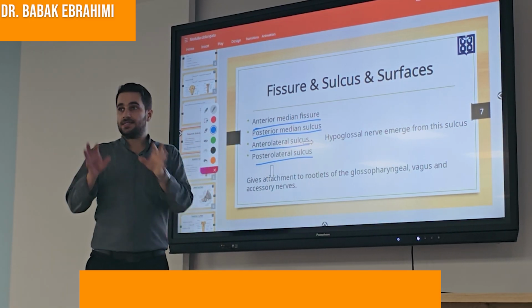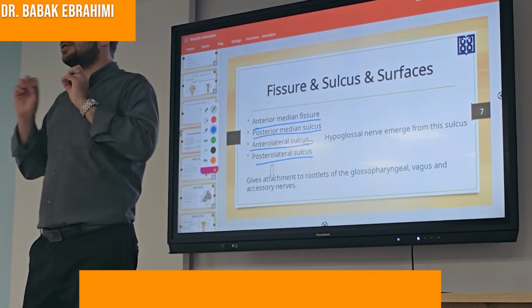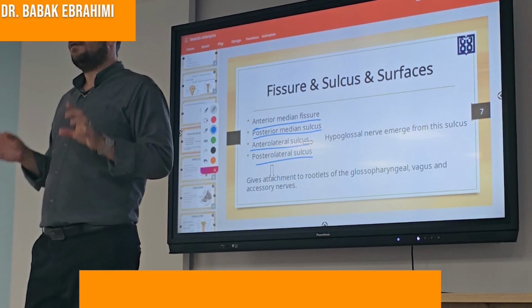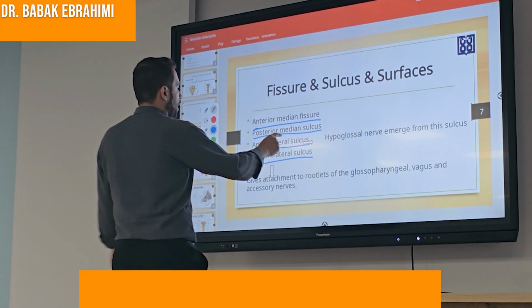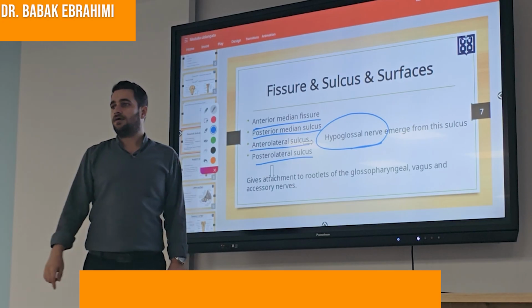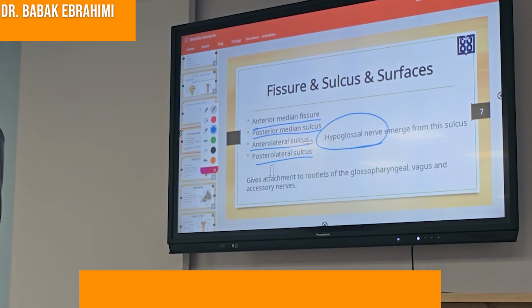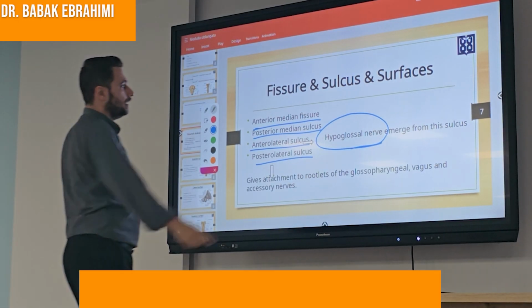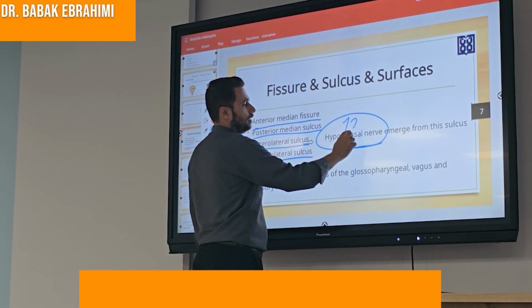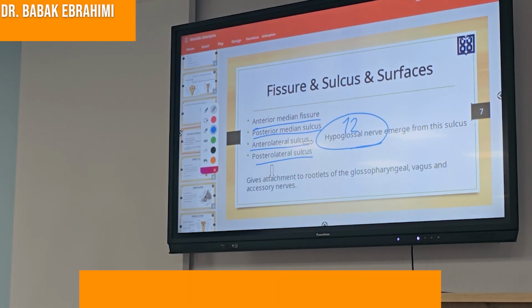I told you the sulcus of the medulla oblongata is related to passing cranial nerves. Which cranial nerve? From the anterolateral sulcus, the hypoglossal nerve. Which number? For the muscles of the tongue, the number 12. The number 12 is related to the hypoglossal nerve.